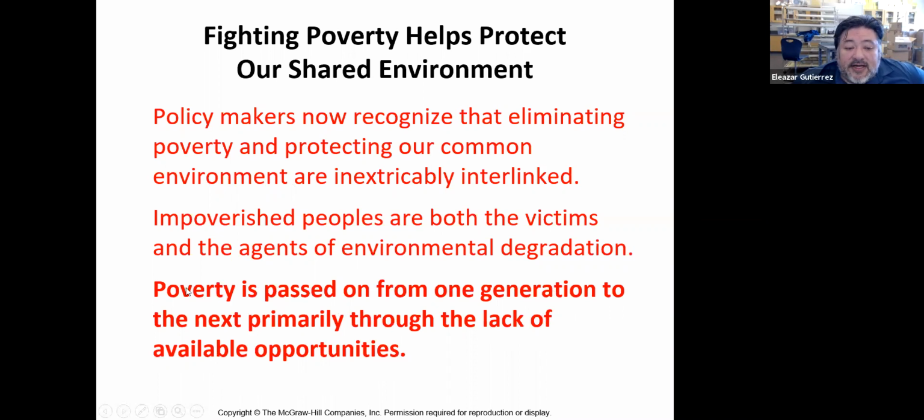In other words, if you can't have lawmakers provide opportunities, provide jobs that are sustainable for the population, then that poverty is going to continue. It's going to remain there. So poverty is passed from one generation to the next primarily through a lack of available opportunities. This means no education. This means no health opportunities. This means no jobs. So why is this important? We need to break this chain so that poverty doesn't continue on to the next generation.